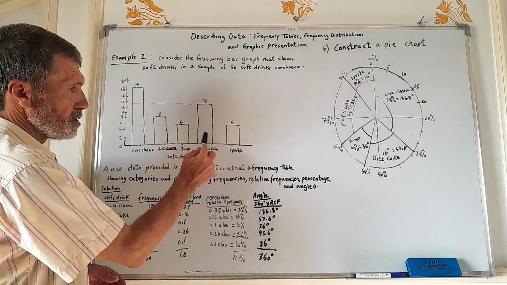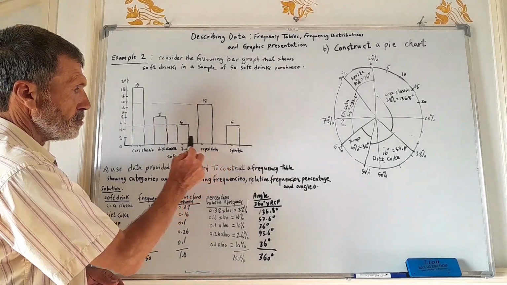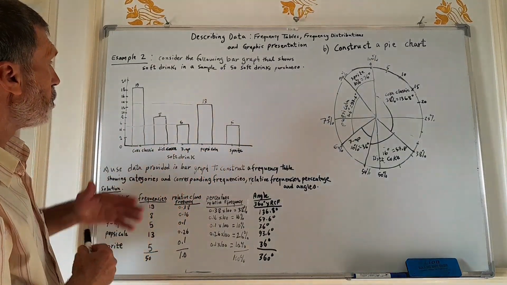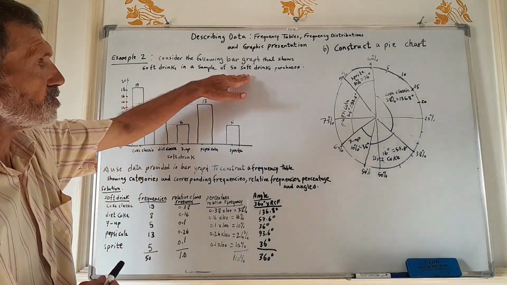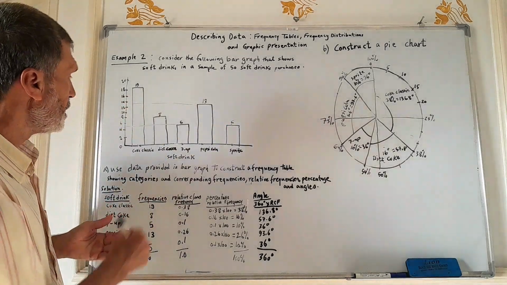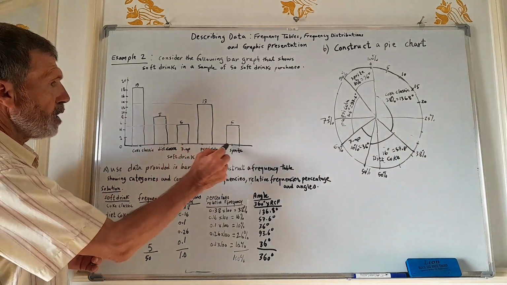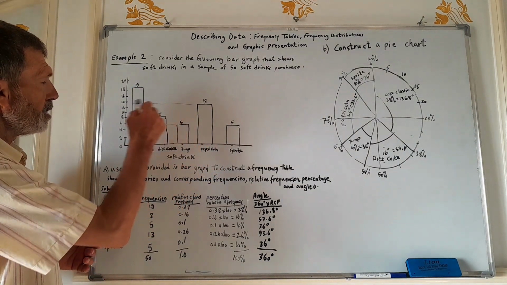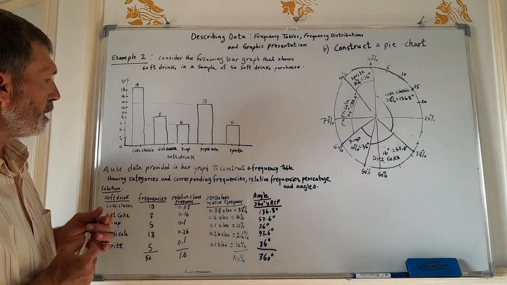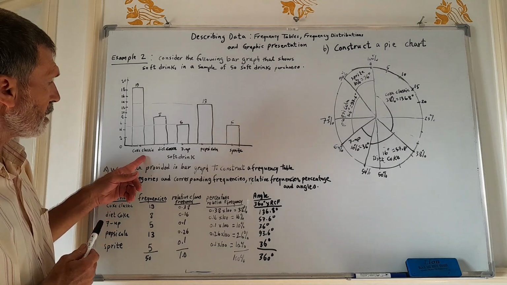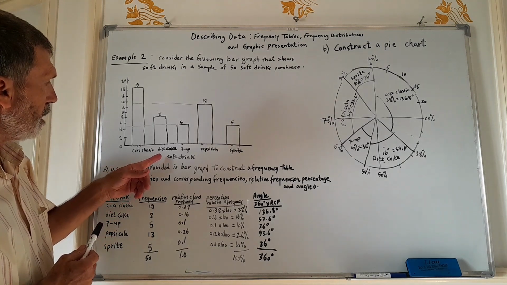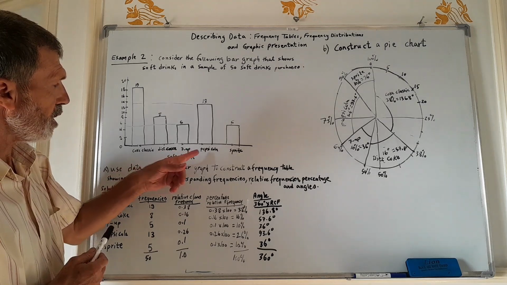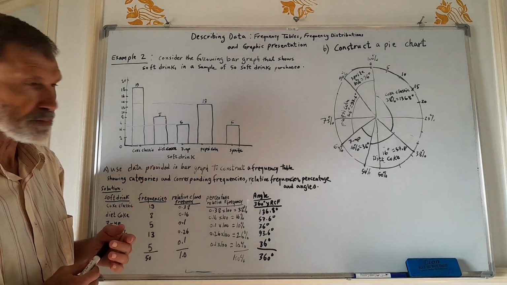This bar and this bar, we have a gap between them, and so on and so forth. So you have 50 soft drink purchases, and this is the bar graph drawn here, which consists of Coke Classic, Diet Coke, 7-Up, Pepsi Cola, Sprite.